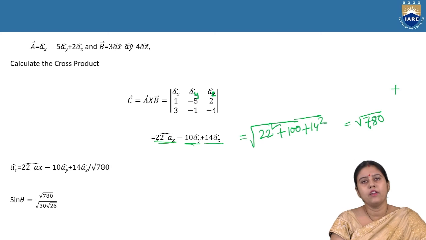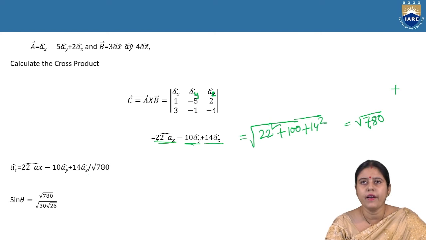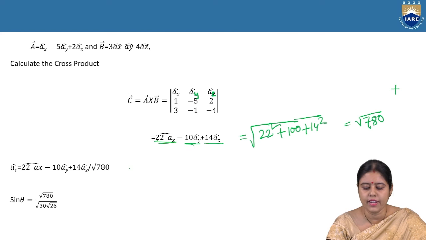So if it is the C vector, we will write it with a small c and a cap. So 22AX minus 10AY plus 14AZ divided by root 78.